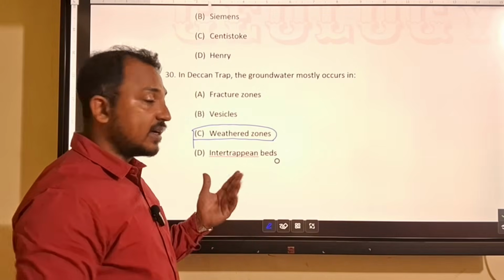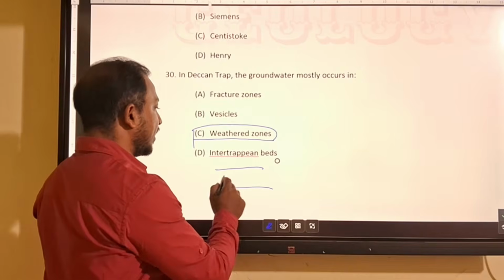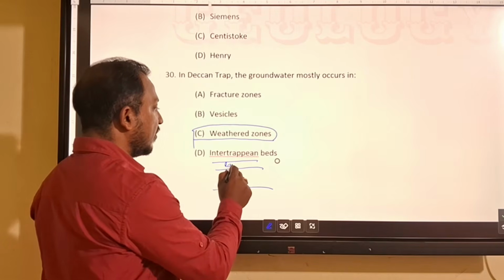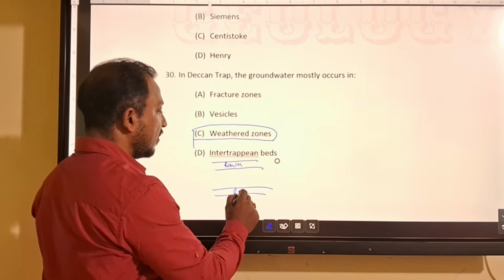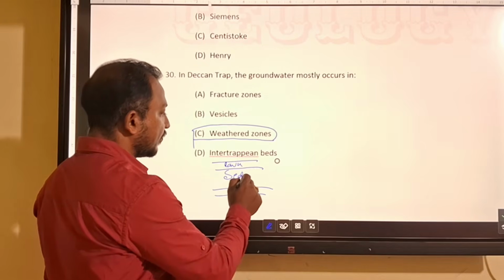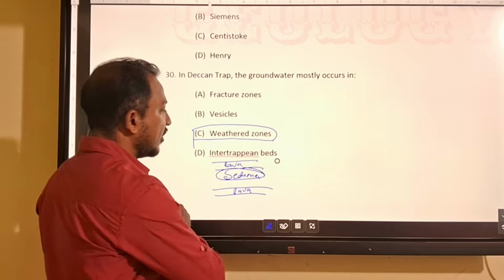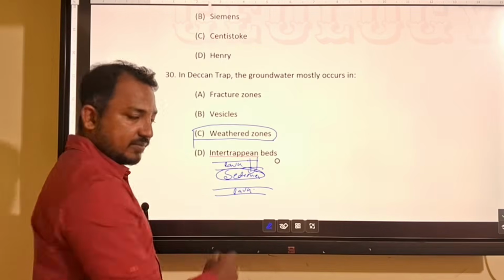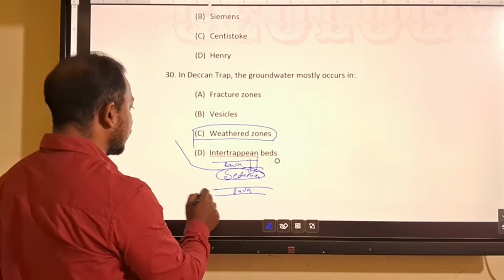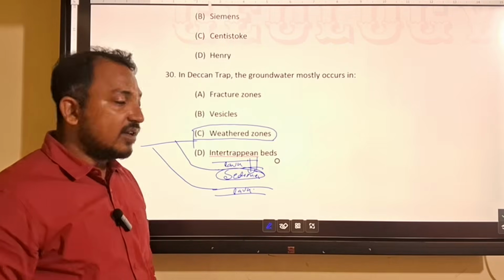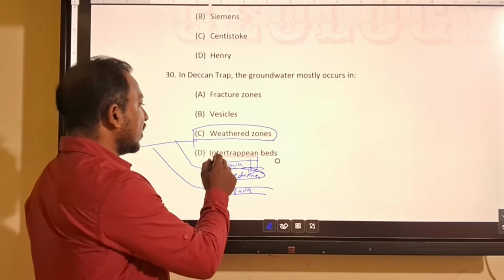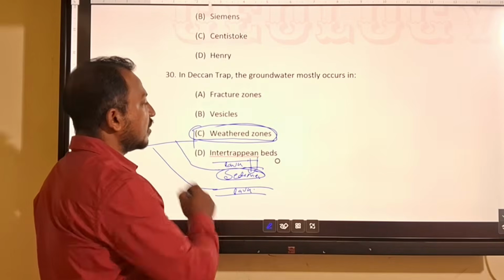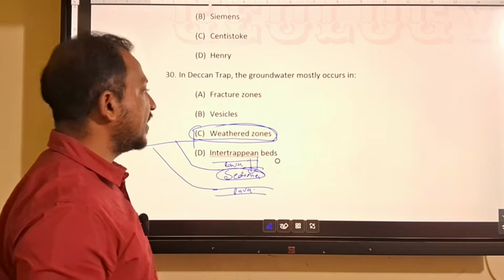Then intertrappean beds are sedimentary beds between lava flows, so water cannot percolate there unless they are exposed somewhere at the surface. So the most appropriate option will be weathered zones.